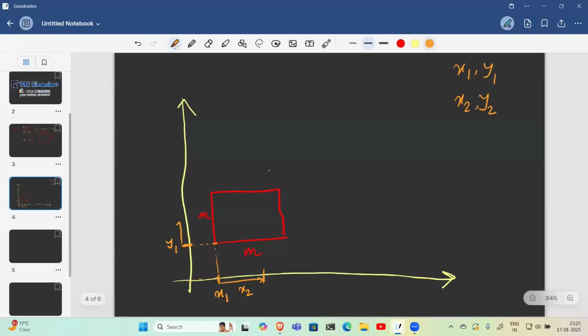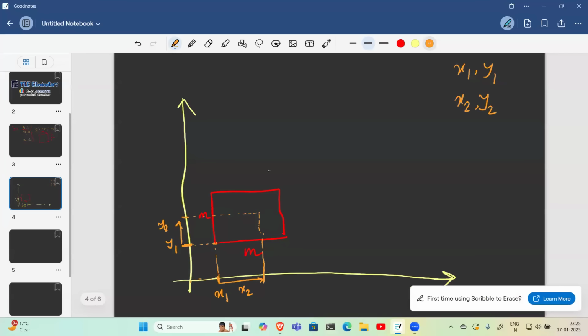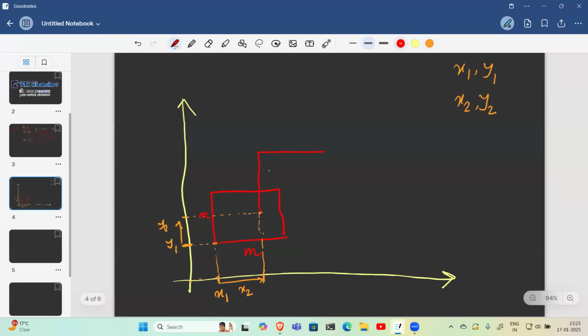Similarly, you shift by y2 more and the next coordinate is something here. So this is my new coordinate after the shifted position. This point is the new bottom left coordinate. Now the stamp looks something like this.